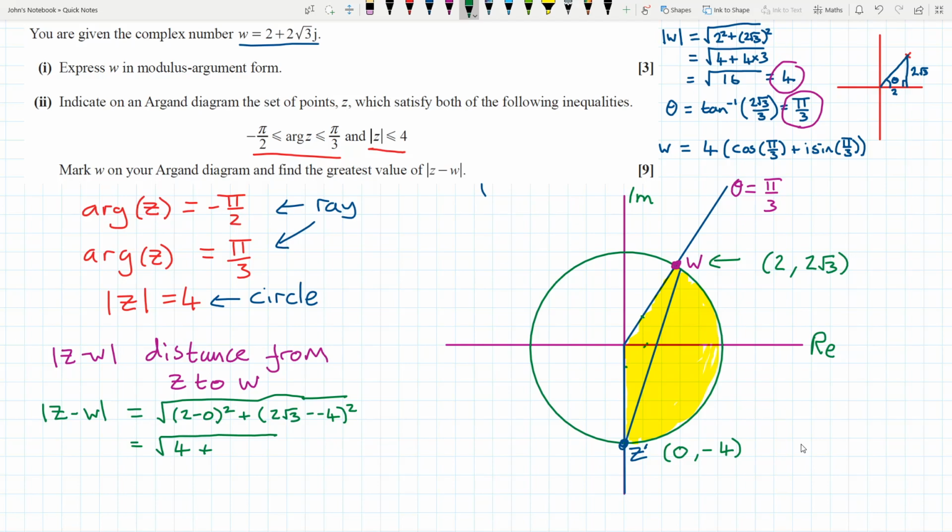Am I going to play this carefully? Yes, I am. 4 plus 2 root 3 squared.